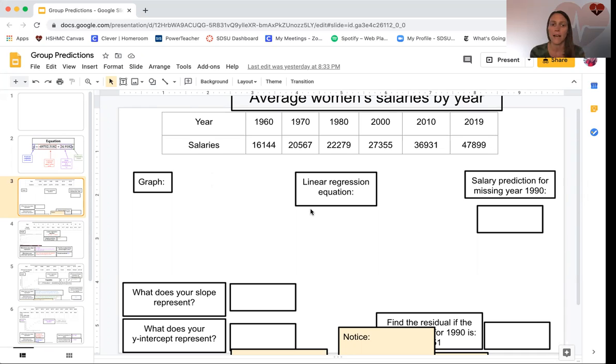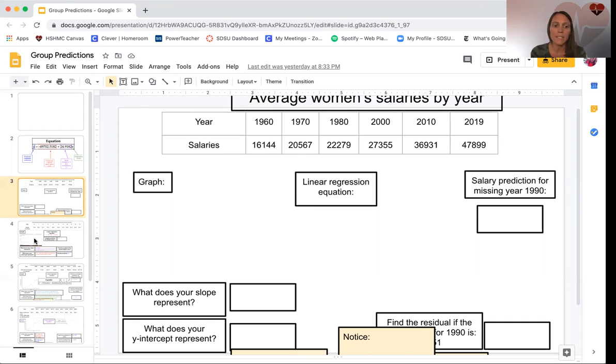Here their goal is to take data and break it down, looking at graphs, looking at the equation of the linear regression model, and making predictions. Every student was given a different set of data, but the process was all the same.